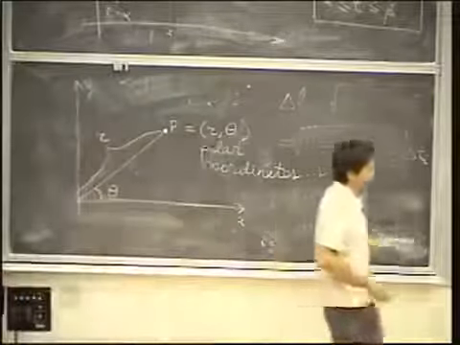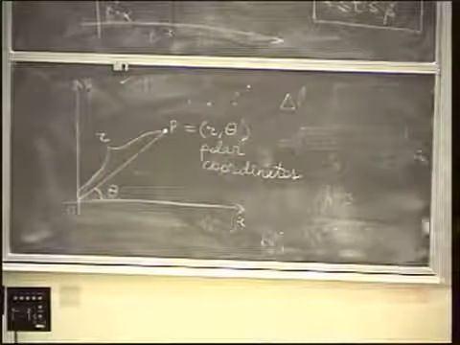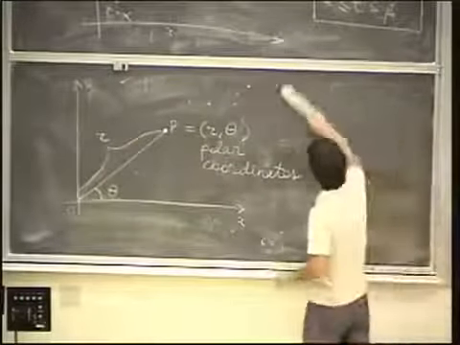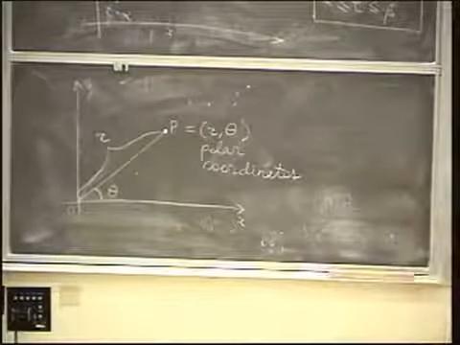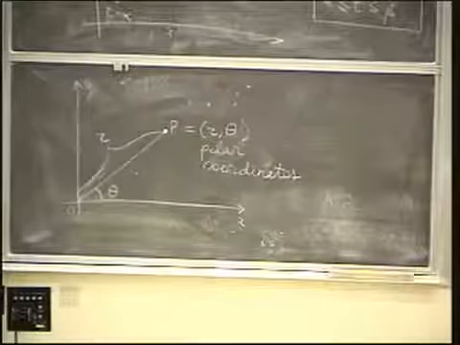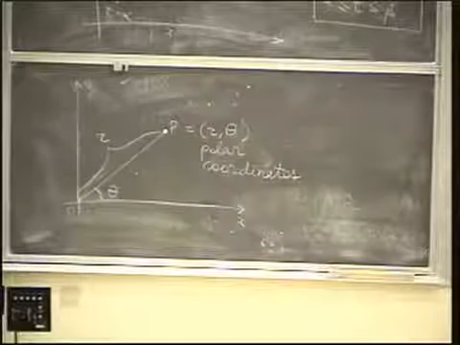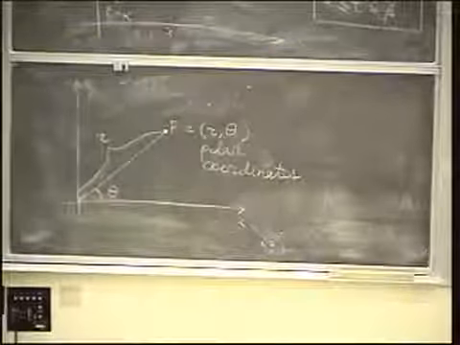So there are several questions here. First of all, why do we need another coordinate system to begin with? Why can't we be satisfied with the original coordinate system, the Cartesian coordinate system?